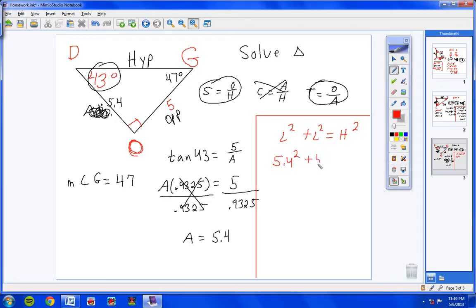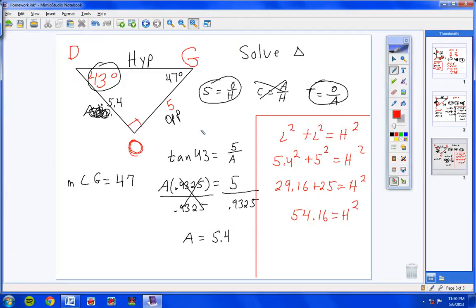The other leg is 5 squared. And we do not know the hypotenuse squared. Well, 5.4 squared would be 29.16. 5 squared is 25. If you add those two numbers together, you will get 54.16.